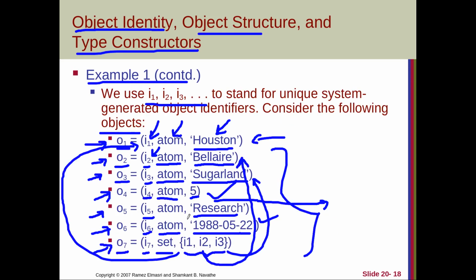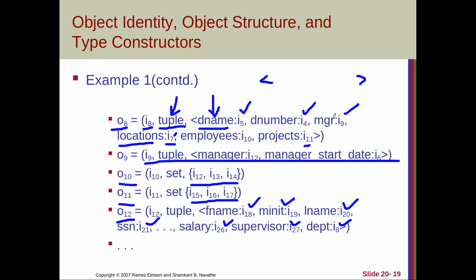You can see this is an atomic object. This is following the type constructor set. This is following type constructor tuple. This is following type constructor tuple. It is following set. It is following set. Similarly, this is following tuple. So by using these different structures, we are forming the object structure.